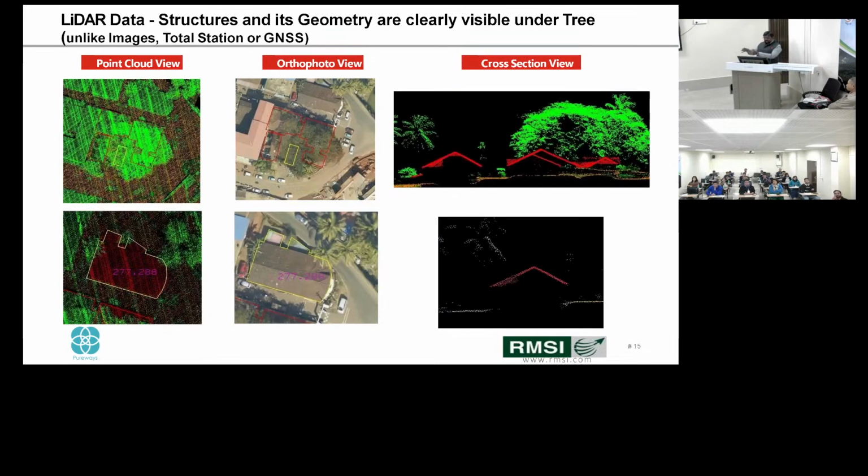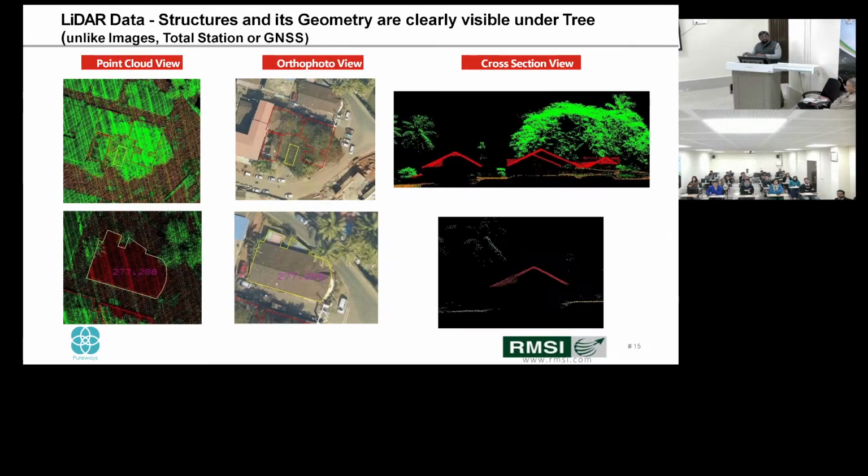Here is another very good example. In the center you can see a large tree. Under it, you cannot see anything in the center photograph. You can see a very large tree, and we think nothing is under that tree. But that's the beauty of LiDAR.